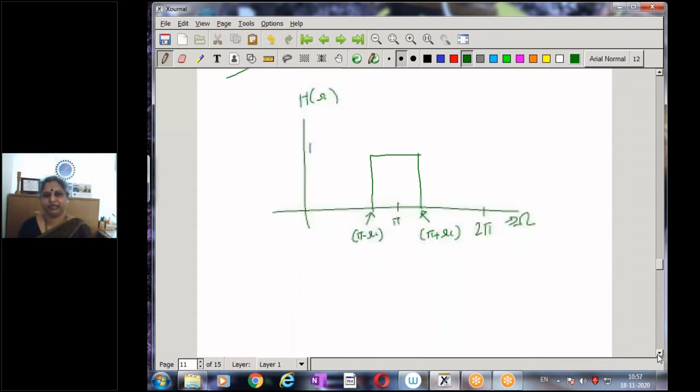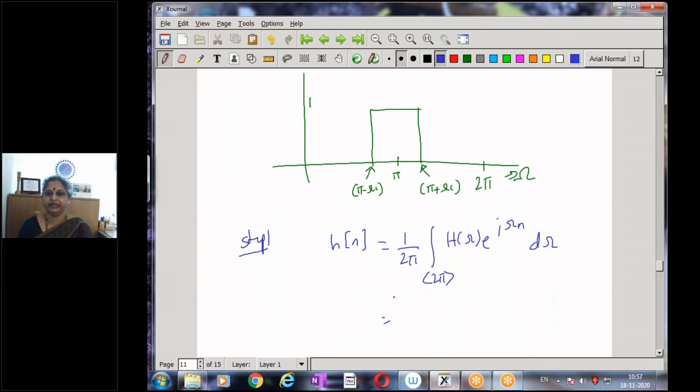So let's try to implement this high pass filter. So once again, our step one would be to compute the Fourier series coefficients given by 1 by 2 pi integral of H of omega e to the power of j omega n d omega. And by looking at the desired frequency response of a high pass filter, we recognize that in this case, my limits of integration are going to be pi minus omega c to pi plus omega c.